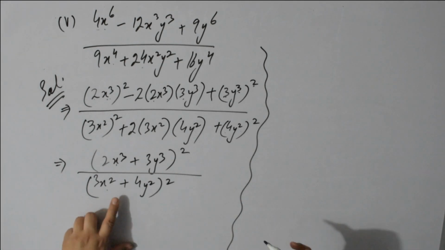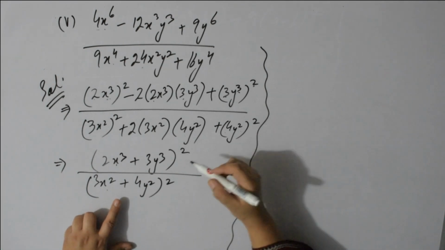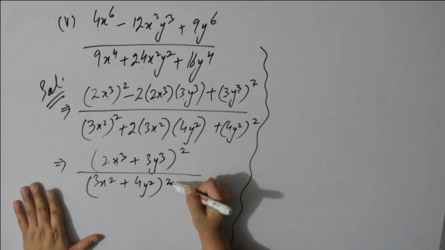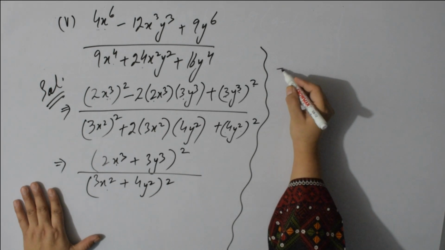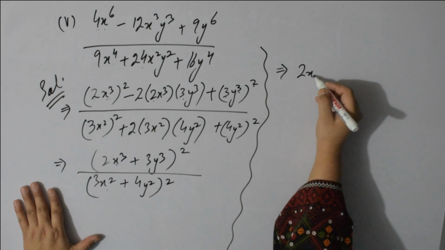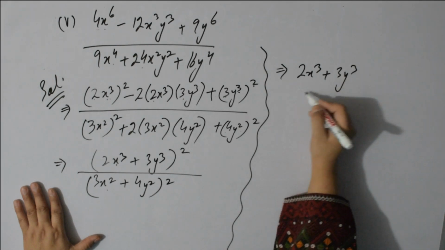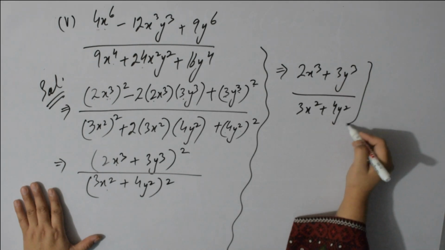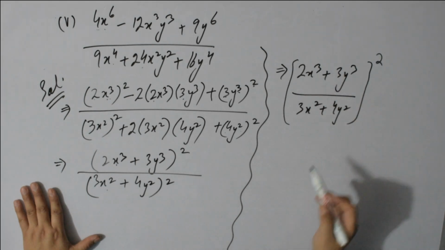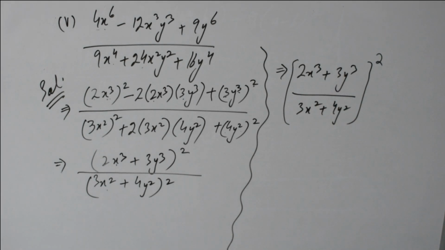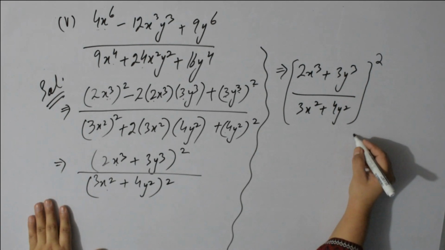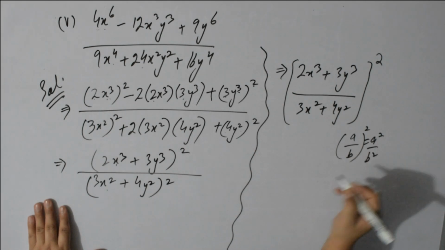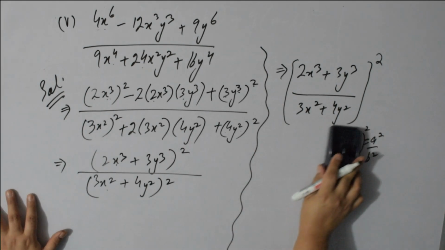So yes, first I am writing it in whole square, whole square. You see square is present over here, square is present over here. So can I write it as 2x³ over... I hope students you can understand that I use this property that (a upon b) whole square is equal to a square by b square, by using this law.